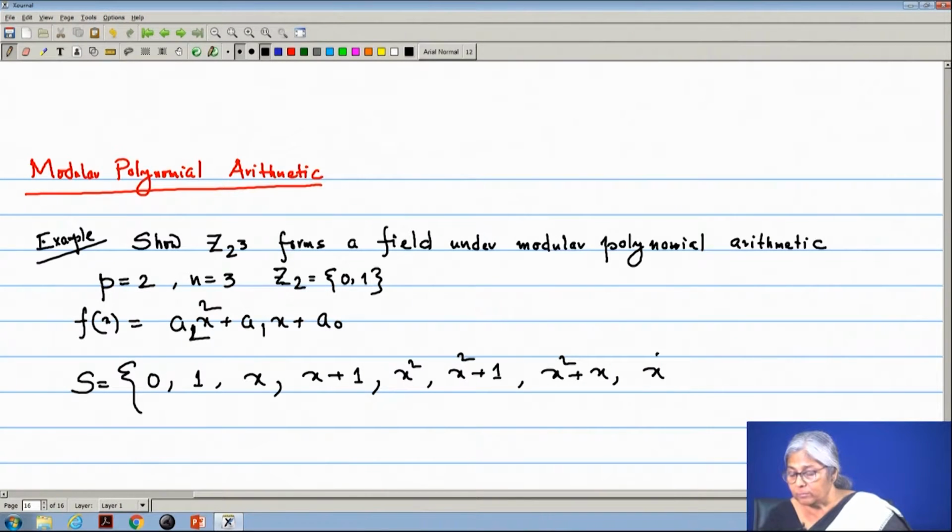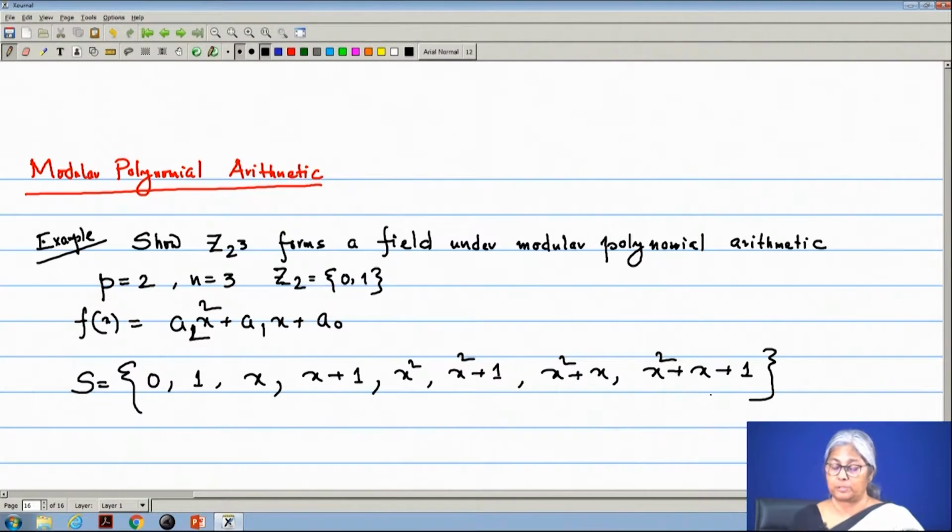Earlier we have seen how we get the full set of polynomials, because this is nothing but all possible combinations of a2 a1 a0, where a2, a1, a0 are all elements of Z2, that is 0 and 1. Okay. So, now this is my set of polynomials.